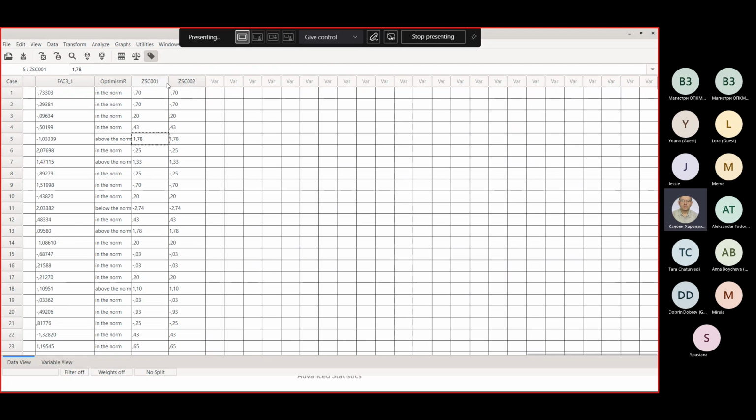Z-score 1 is the previous one from the previous year. Z-score 2 is this new calculated variable. So the first individual has Z-score minus 0.7.